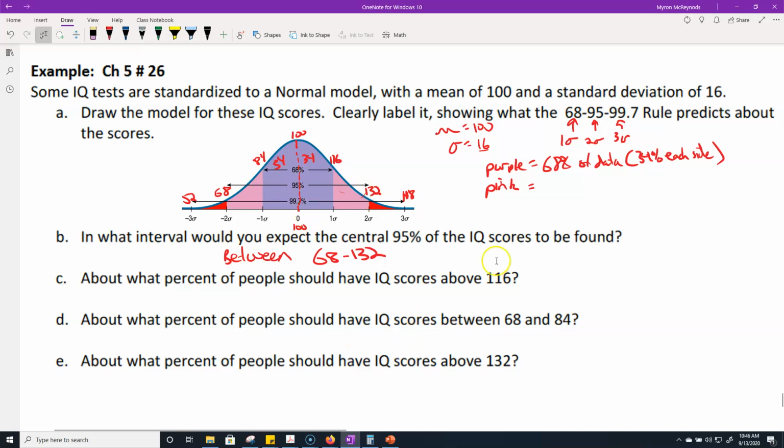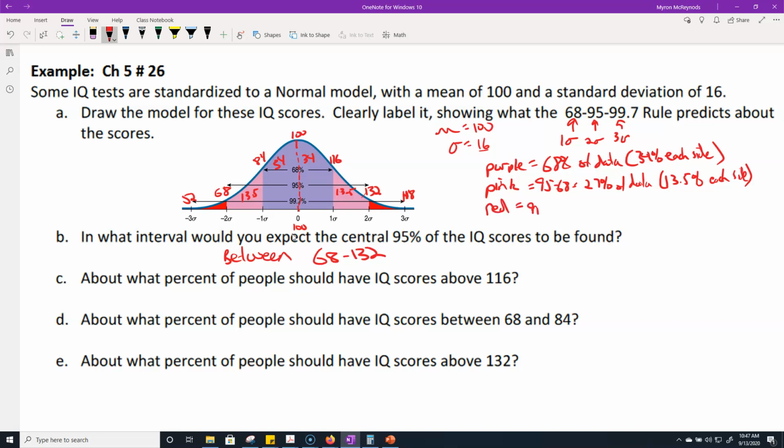So that would be 95% of our data, but the purple takes up 68 of that 95, right? So 95 minus 68 would be the pink. And that is 27% of data. And it would be half of that on each side, 13.5% each side. So each of these pink ones are 13.5%.